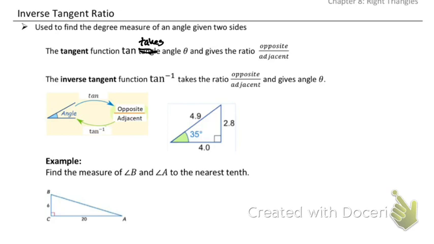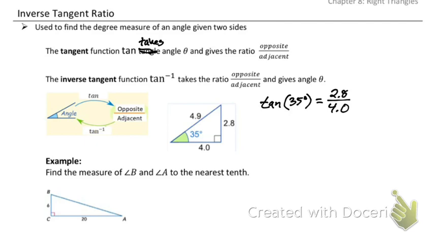And here is my example of that. So if I did on this one, if I did tangent of 35 degrees, that's going to equal 2.8 over 4.0, because tangent of an angle equals opposite over adjacent.